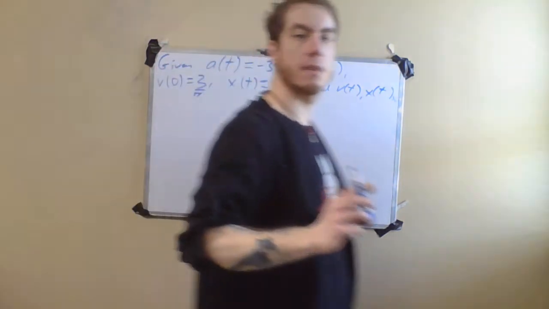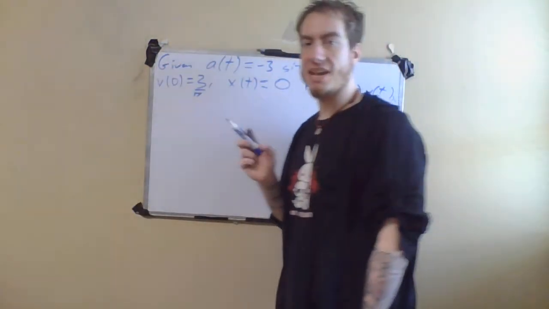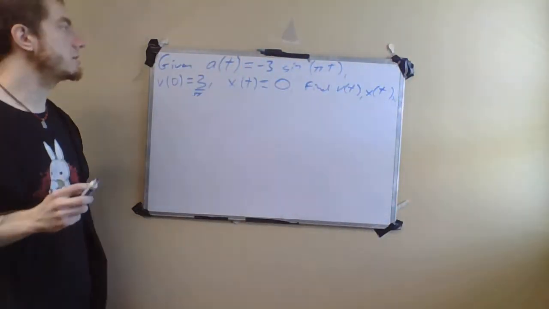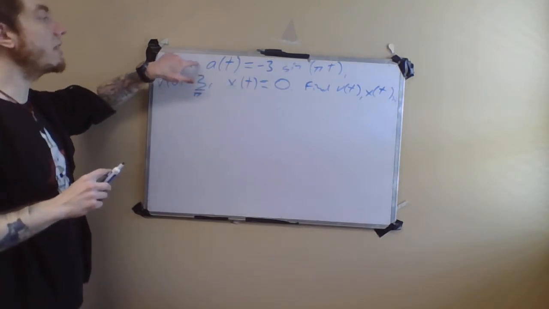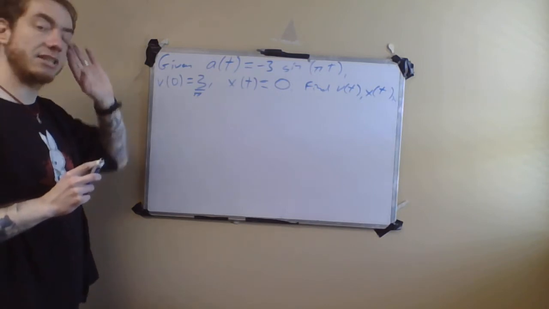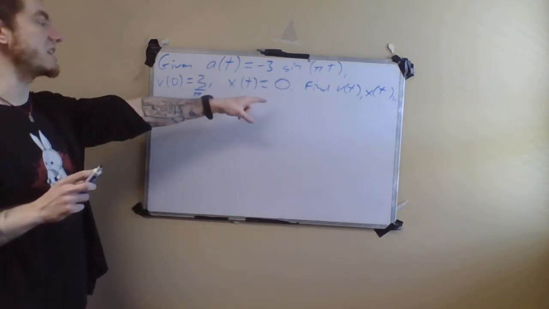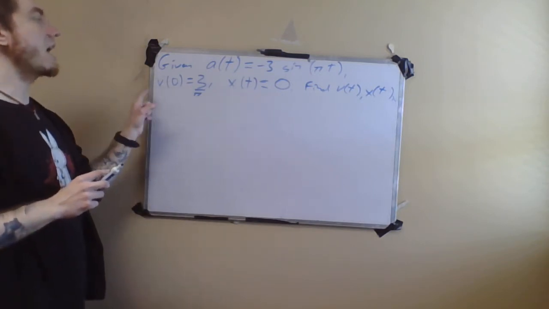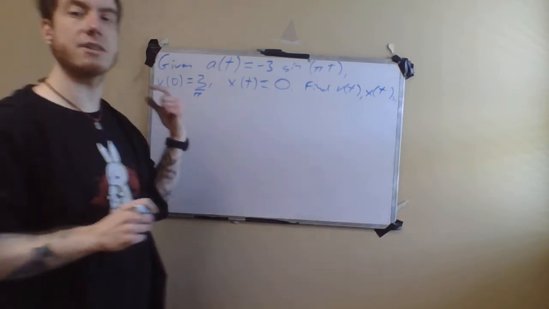Now, the way we're going to do this is the same as the previous example, because acceleration is the rate of change of velocity. So using the same techniques as the previous example, I can find v of t. And then I can use the initial condition to find the constant.